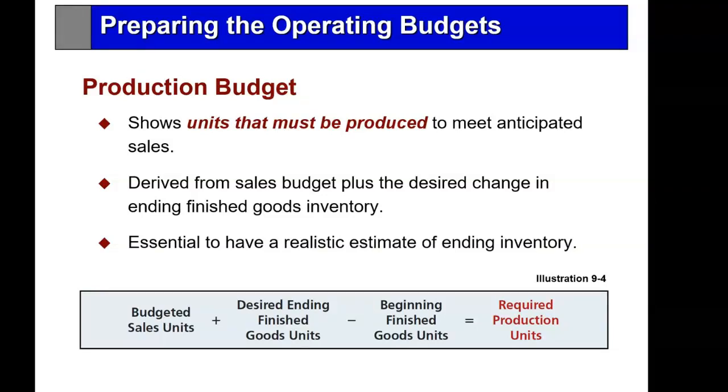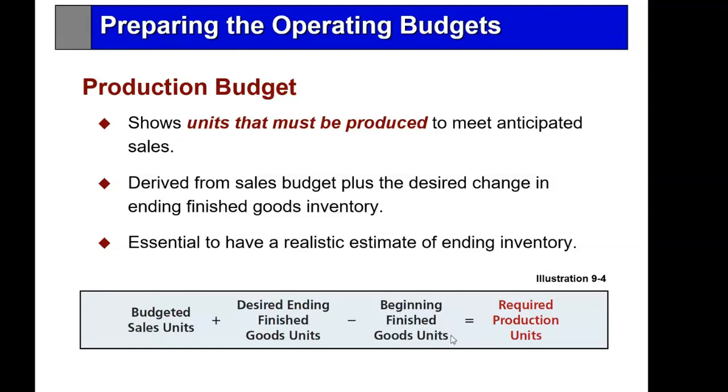plus a certain percentage of the second 3 months of the year. They want to make sure you end up at the end of the first quarter with a certain percentage of what you need in the second quarter. That's finished goods inventory. But you don't produce to both of those because this is consistent.